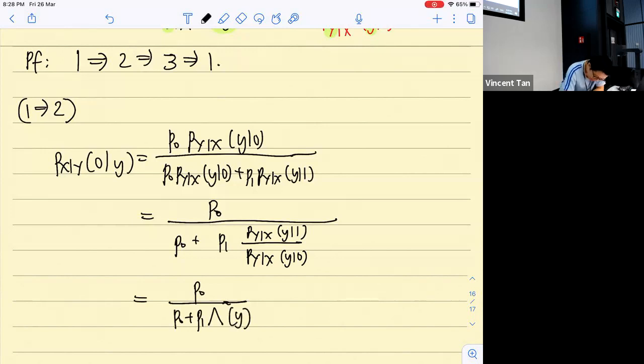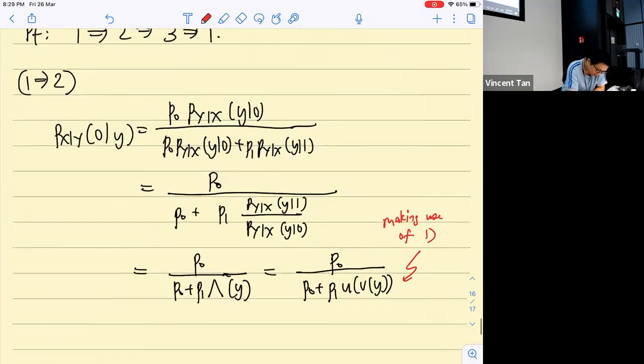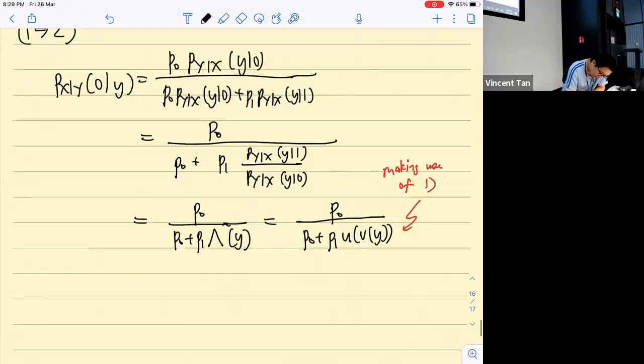And we can rewrite this, because we know of the existence of u, as p0 over p0 plus p1 u(v(y)). Here we are making use of 1. So the idea here is, what have we done?